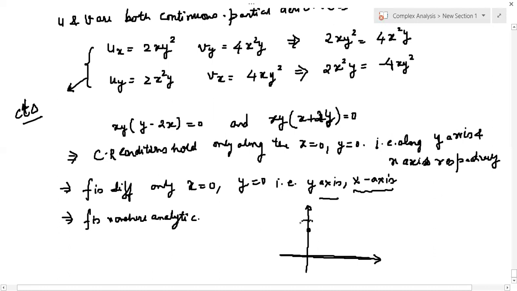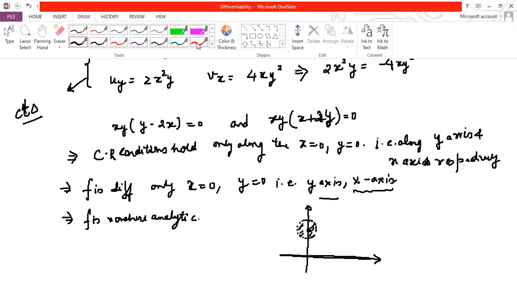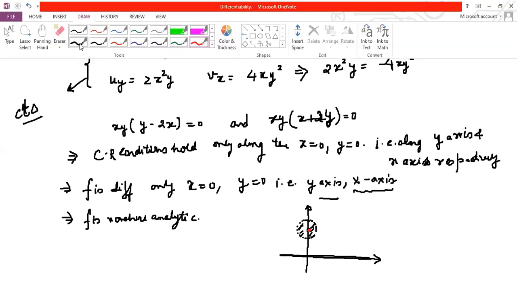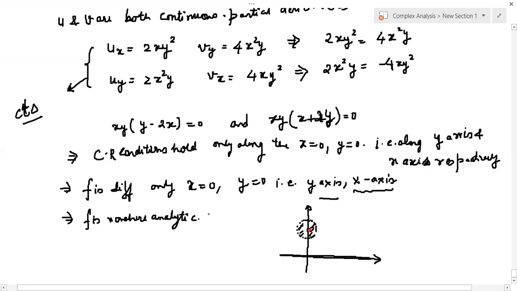It should be differentiable in some neighborhood containing this point, and I know that the function is not differentiable in this region. So it is only differentiable at that particular point on the y-axis, not in any neighborhood containing that point. So clearly, my function is nowhere analytic in C.